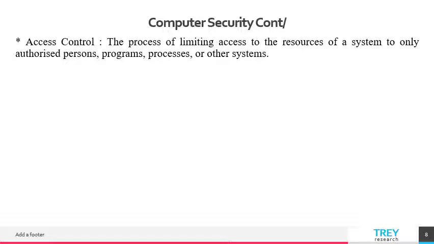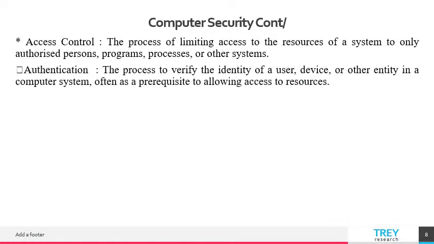That's what we mean. Only authorized access, and you are also given the credentials that you're supposed to use when you want to have access maybe to the Moodle student portal. And the same applies to programs, processes or other systems. So I'm sure it's now clear on the access control part. Okay, let's make progress.